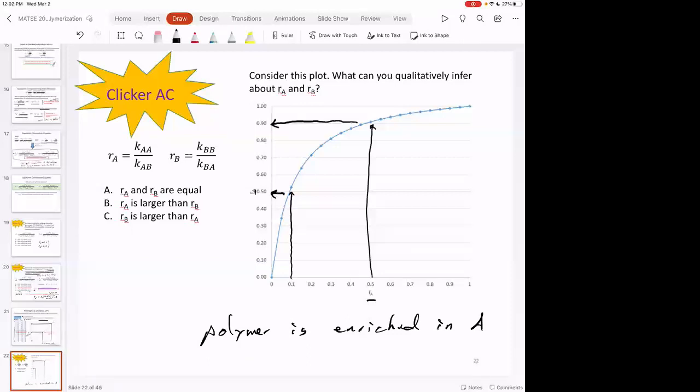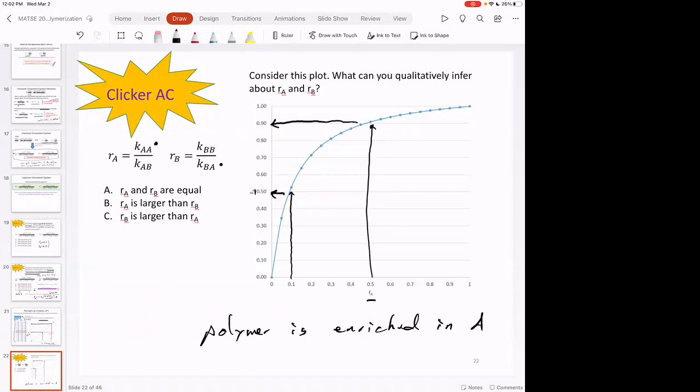So what does that mean for our reactivity ratios? If I'm enriched in A, that means this reaction is really fast, I'm adding A, and it means that this reaction is really fast, I'm still adding A. So what does that mean for our reactivity ratios?